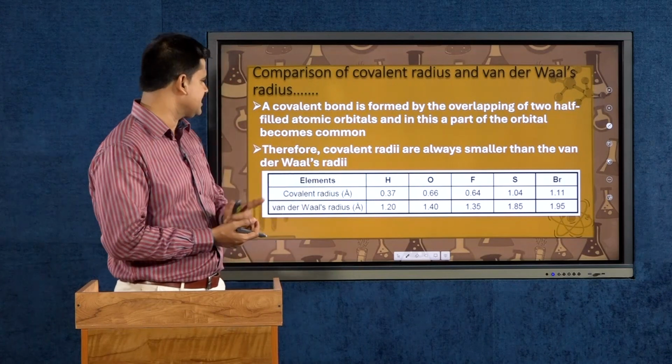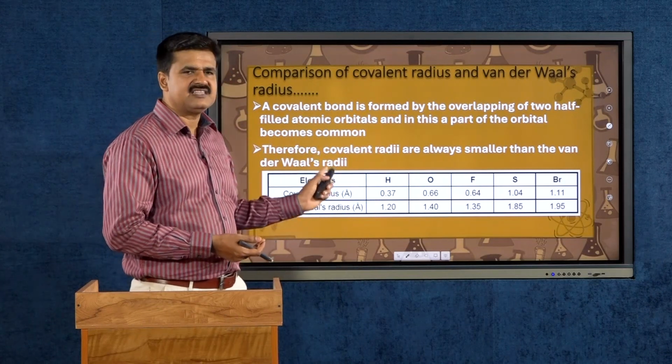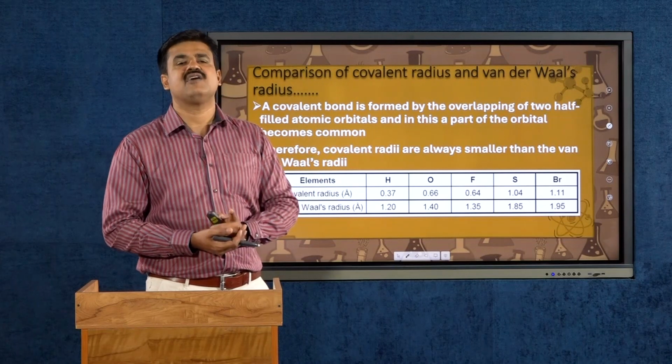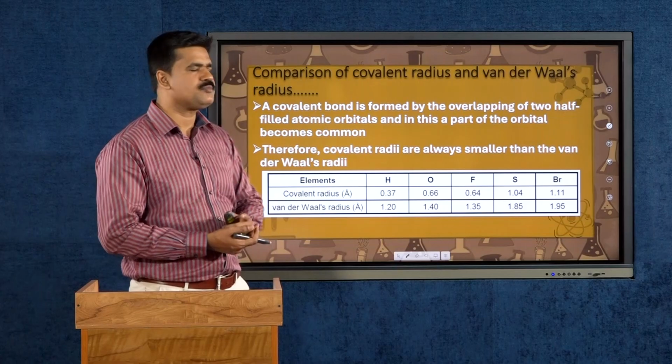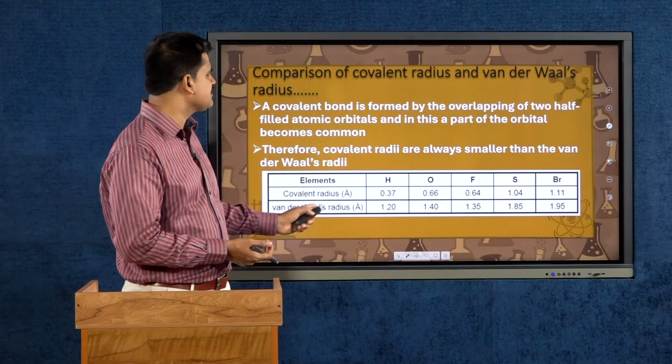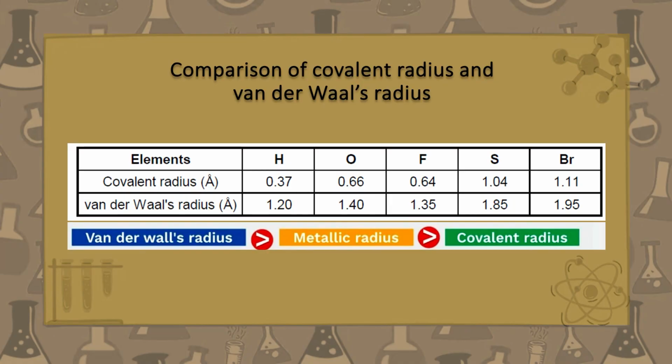This is a representation of elements and their covalent as well as van der Waals radii. Consider the case of hydrogen. The covalent radius is 0.37 angstrom, whereas the van der Waals radius is very high, equal to 1.20. Similarly, in all these elements, hydrogen, oxygen, fluorine, sulfur and bromine, you can see that the third row, that is van der Waals radius, is higher than the second row, that is the covalent radius.